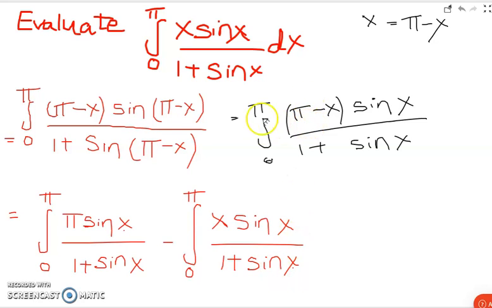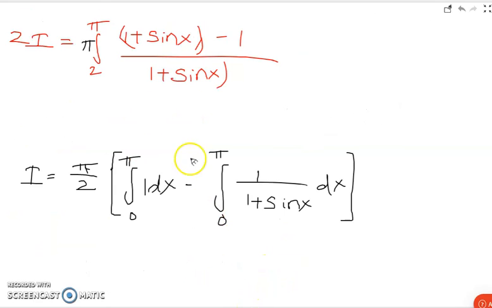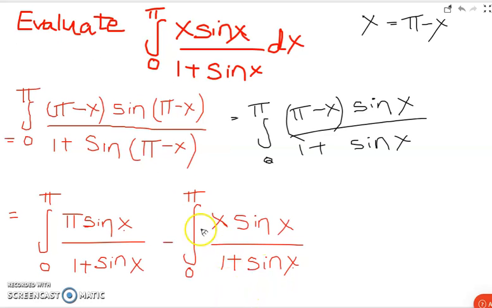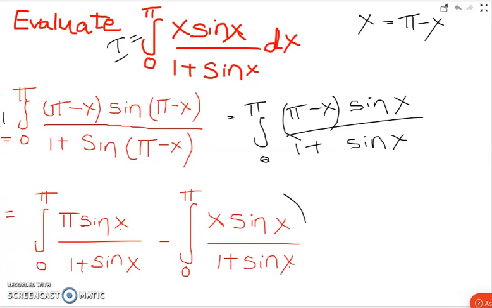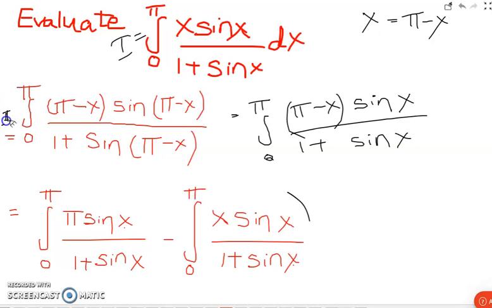I have distributed the integration separately for pi sin x by the denominator and minus x sin x by the denominator. Let this entire value be equal to I.